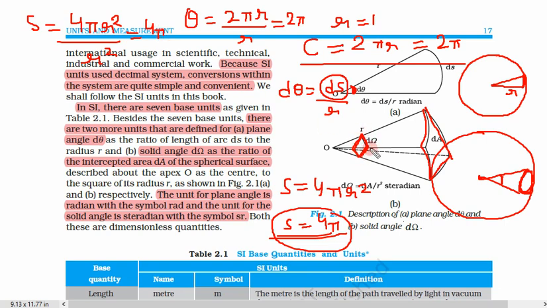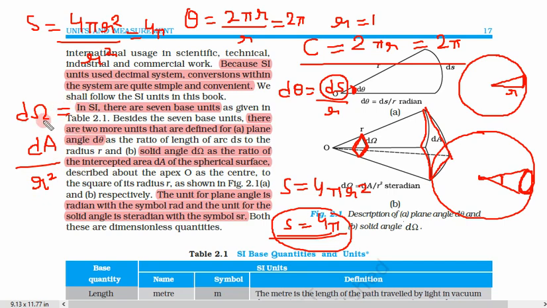Similarly, if we take a very small solid angle, what we did here was arc divided by radius. The same thing we do here: this small area dA divided by r square, because here this was arc divided by r, and here we divide by r square.